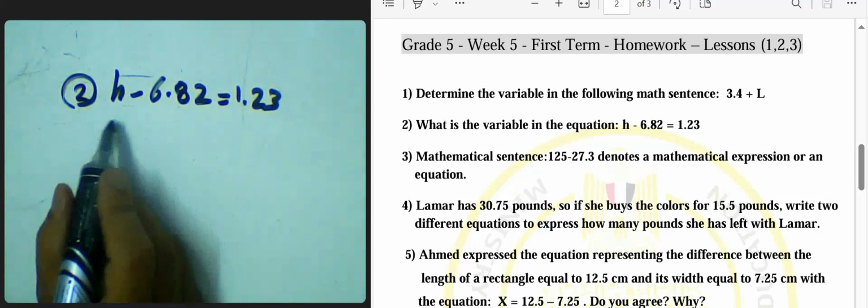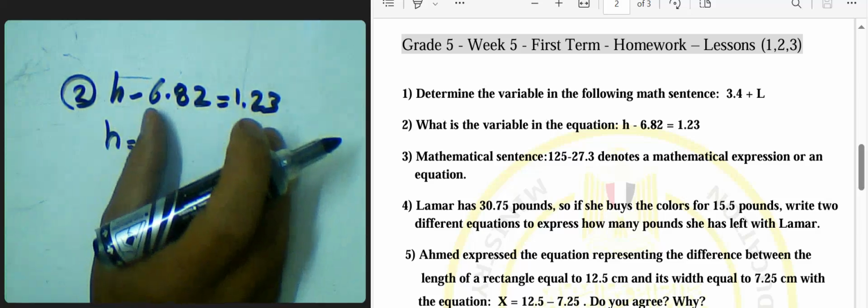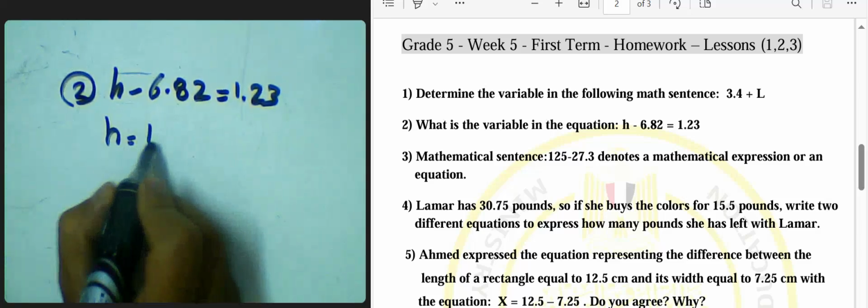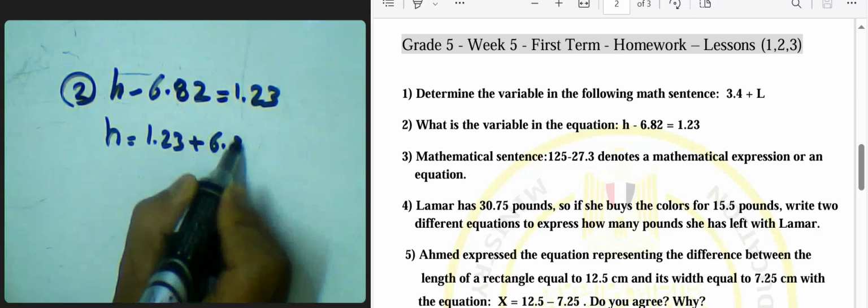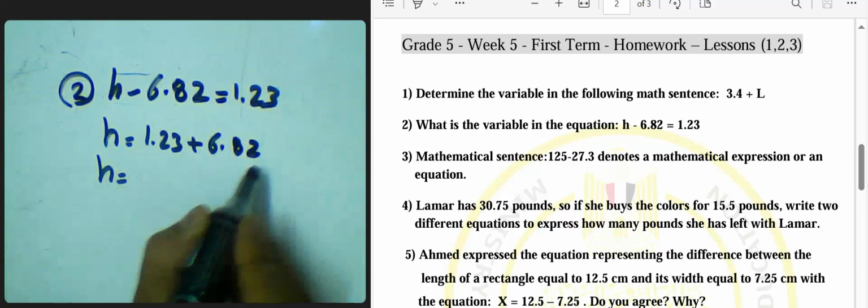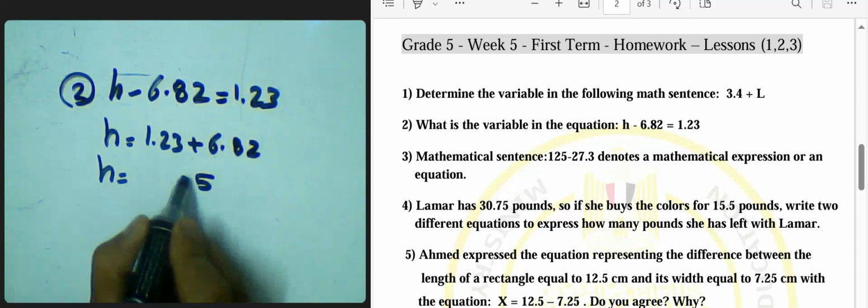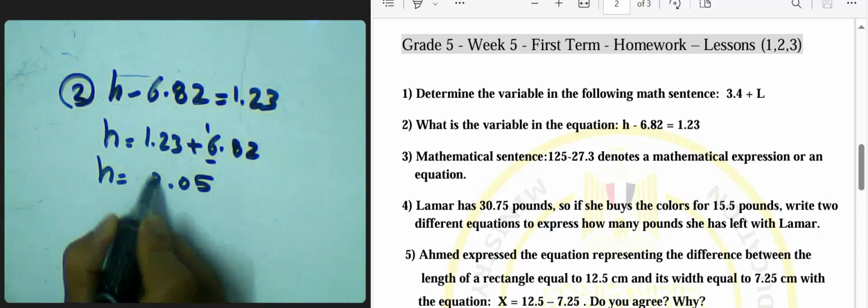Here, to find h, children, I add the 2 numbers, plus, because I want to find the minuend. We say 1.23 plus 6.8 and 2. 2 plus 3 is 5, 8 plus 2 is 10, 0 carry 1, 7 plus 1 equal 8.